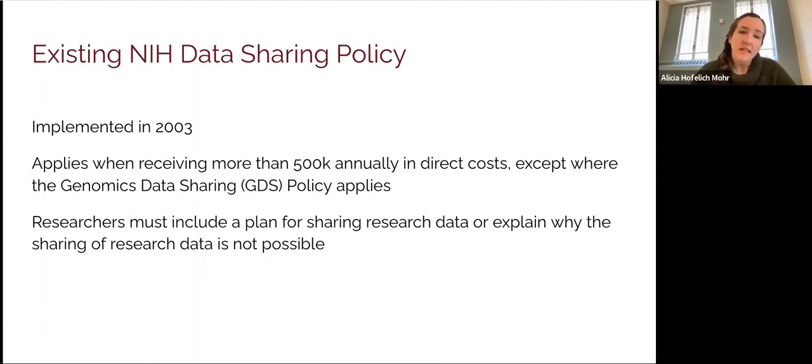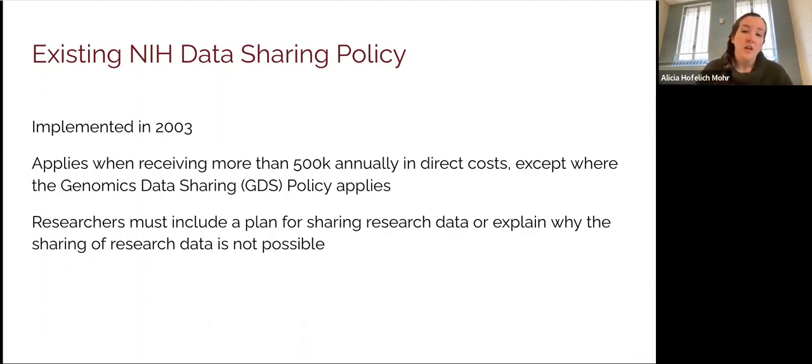Its current policy was implemented in 2003, and it only applied to grants above a certain size, so that had more than $500,000 in annual direct costs. And then these requirements were to just include a plan about how the data would be shared or explain why data sharing wasn't possible. And so in some of these plans, I've seen plans that were funded that simply said data from the study will not be shared due to privacy reasons. And that was their data sharing plan.